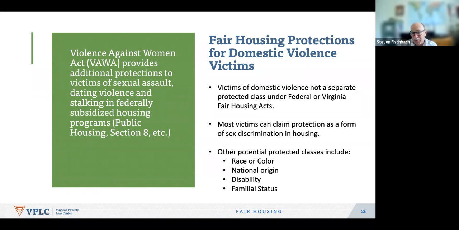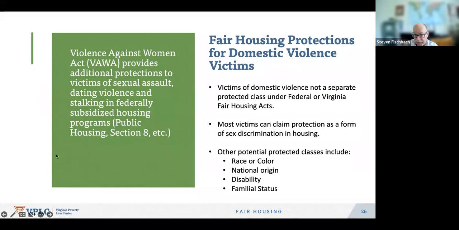Domestic violence victims are not a separate protected class under either the Virginia or the Federal Fair Housing Act. However, most domestic violence victims can claim protection as a form of sex discrimination in housing. But there may be other protected classes that could come into play, including race, color, national origin, disability, or familial status.